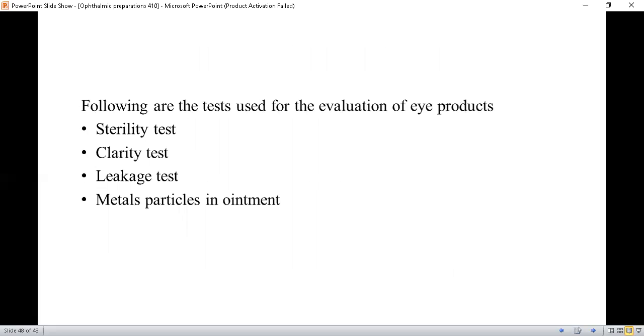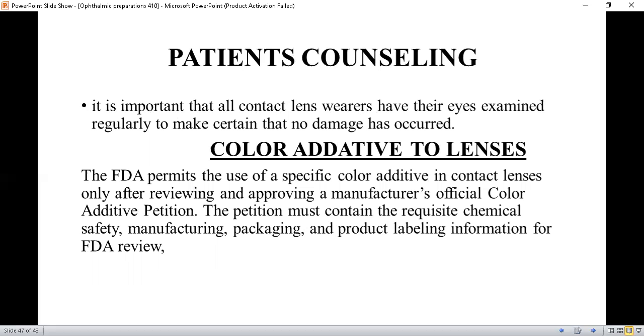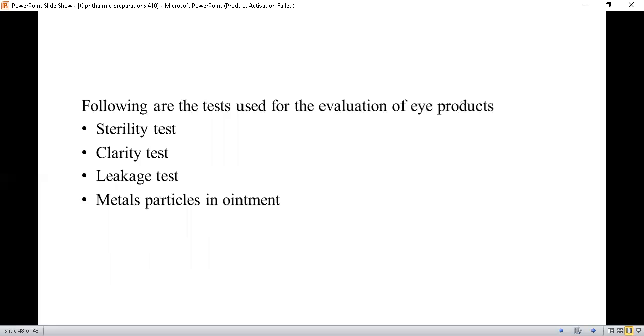In the last slide, students, there are a few tests that are being used for the evaluation of ophthalmic products, like sterility test, clarity test, leakage test, and metal particles in ointment, which are used for ophthalmic preparations. Students, up till now we have discussed what lenses are and what the types of lenses are, what care solutions are used for the lenses, and what the clinical considerations are.